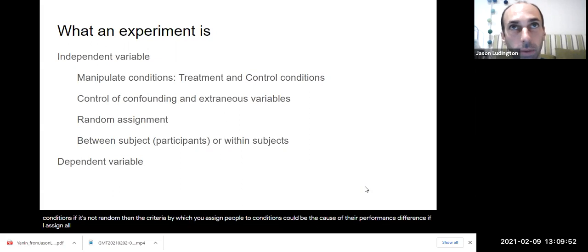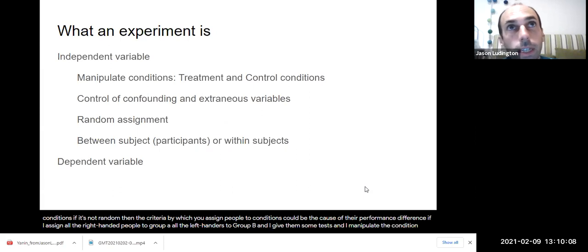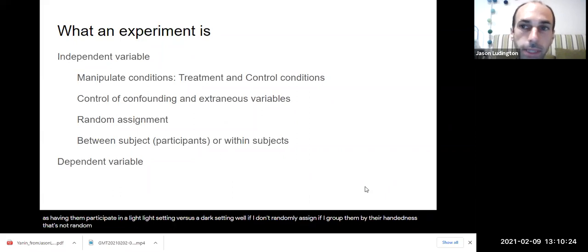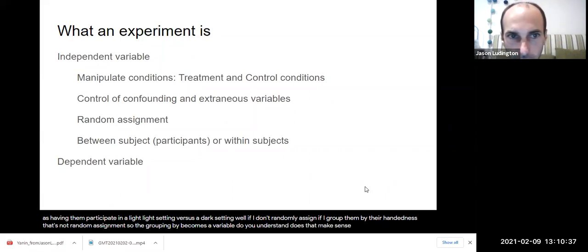If I assign all the right-handed people to group A, all the left-handers to group B, and I give them some test, and I manipulate the condition, such as having them participate in a light setting versus a dark setting, well, if I don't randomly assign, if I group them by their handedness, that's not random assignment. So the grouping becomes a variable. Do you understand? Does that make sense? Yep. Great.